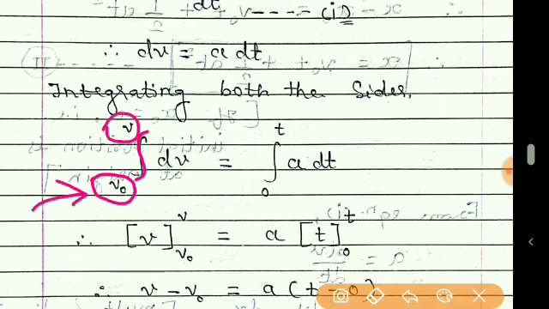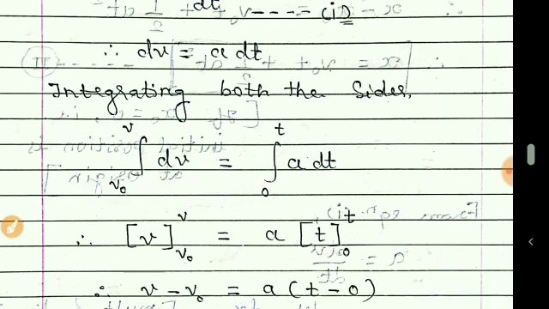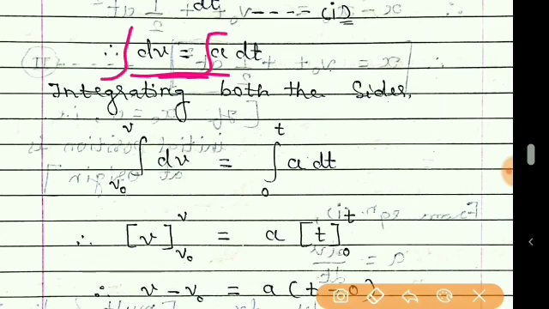This is the lower limit and this is the upper limit, because this is the term for velocity. Here the term is for time, so here also integration, initial time 0, final time t. When the velocity was v0, that is the initial velocity, at that time the time is taken as initial time. Now we have integrated this term on both sides like this. So we got this term.